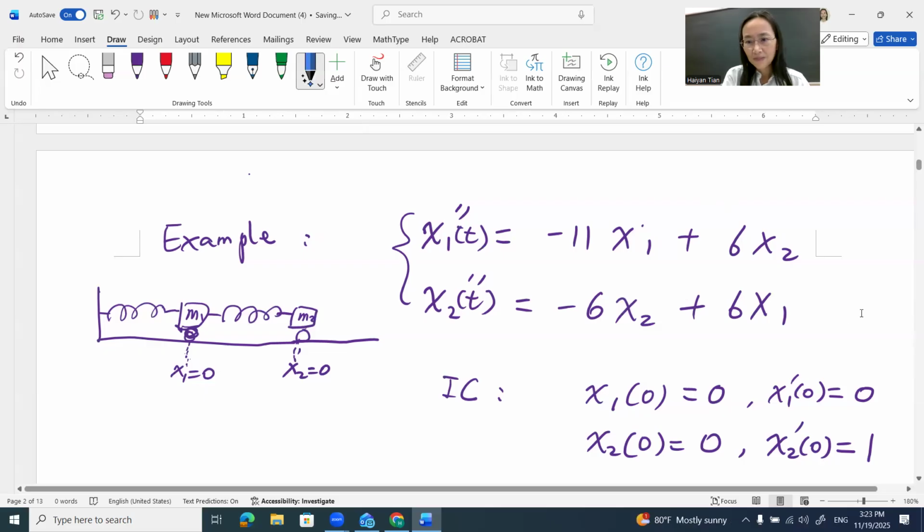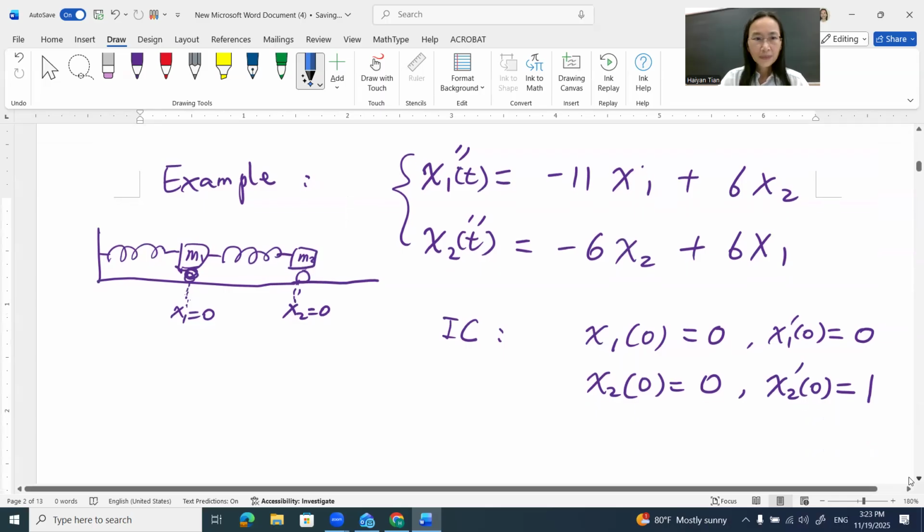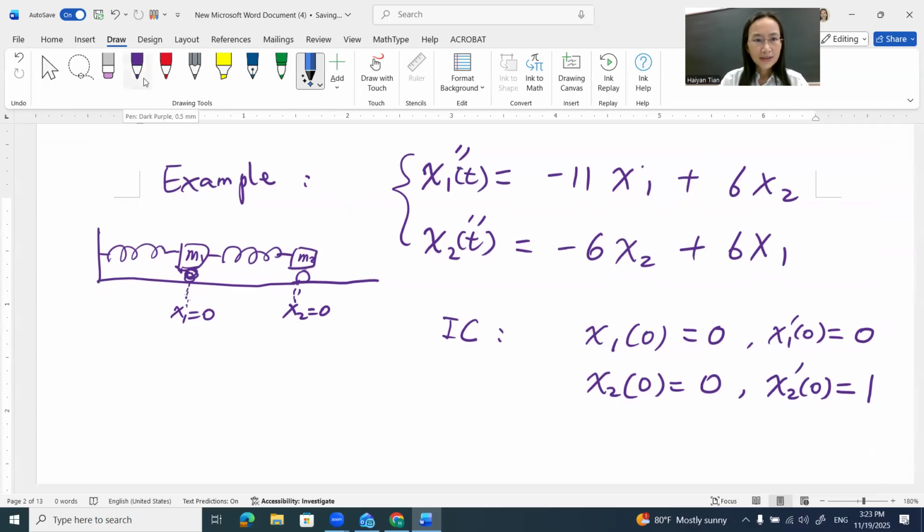So let's do the reduction, and let's think about what the notation is. Here x1 we can still keep, and the derivative of x1, we have to name it in order to reduce this.